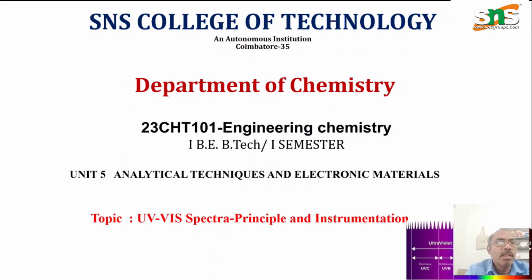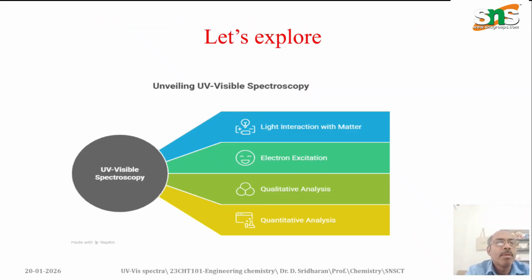So in this lecture we are going to discuss UV visible spectra. UV visible spectroscopy is about light interactions with matter, electron excitations, and both quantitative and qualitative analysis. It is one of the important techniques in analytical chemistry.